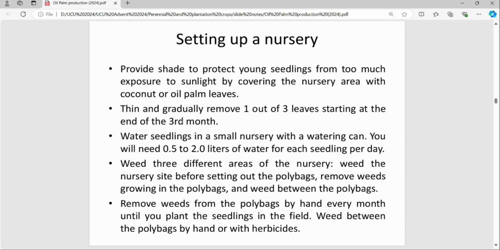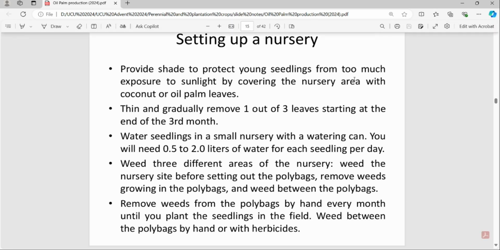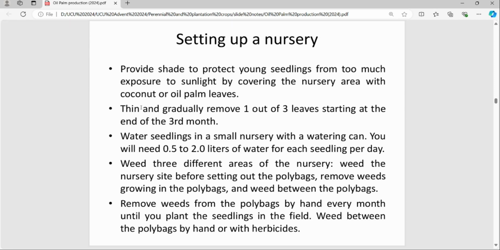After planting, you're supposed to provide shade to protect the young seedlings that have sprouted. Then you're supposed to ensure that you thin gradually and remove excess leaves. So whenever a plant gets 3 leaves, you have to remove one.